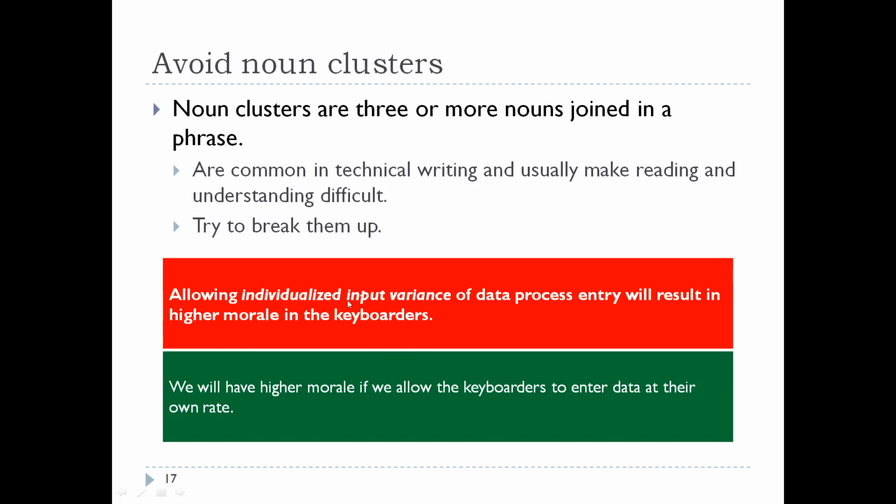One very important reason is that we have gotten rid of this noun cluster, and we are using verbs. We have broken this noun cluster and replaced it with simple and concrete terms that are easy to understand for a very wide range of audience.